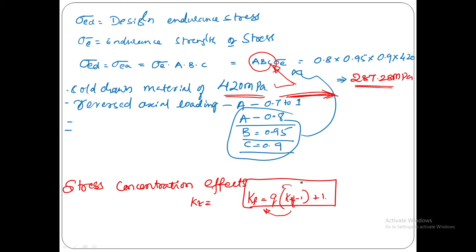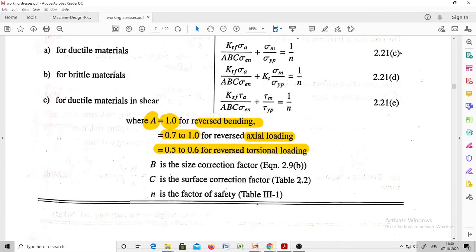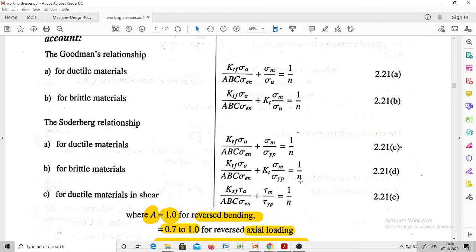Okay. So you need to consider the value of q, then the theoretical stress concentration factor, and then you find out the value of Kf. Let us see in the equation.